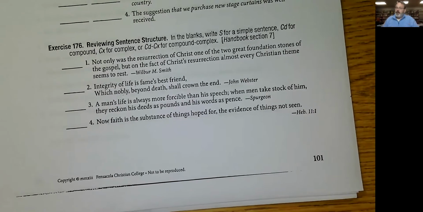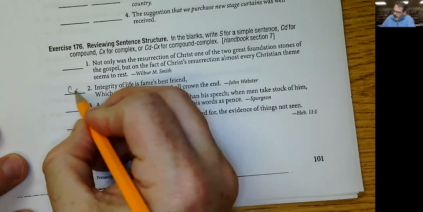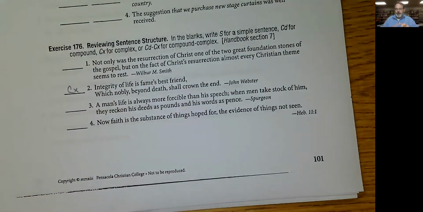The definition of complex is one independent clause and one or more dependent clauses. So this is complex. Now, as you do the rest of them, remember, if it's one independent clause and that's all there is, no dependent, not another independent, that would be called simple.